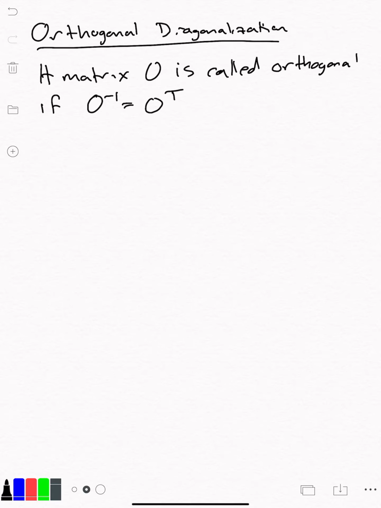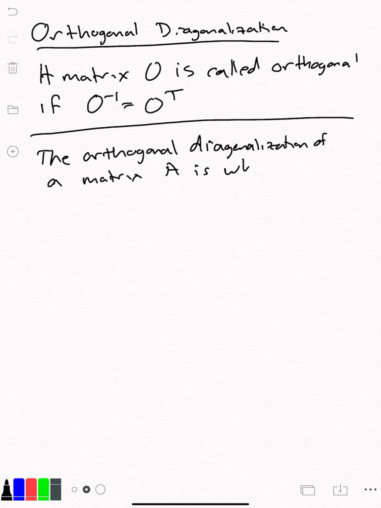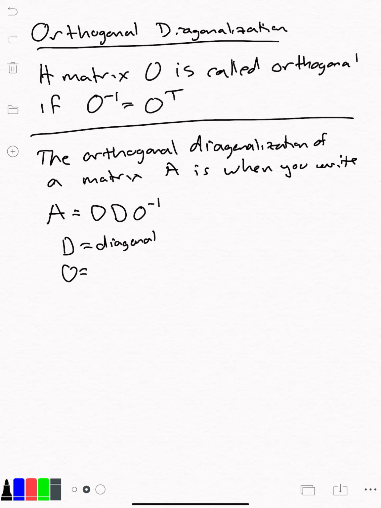Once you have the idea of orthogonal, you have the following result. The orthogonal diagonalization of a matrix A is when you write A equals O D O inverse, where D is diagonal and O is orthogonal.